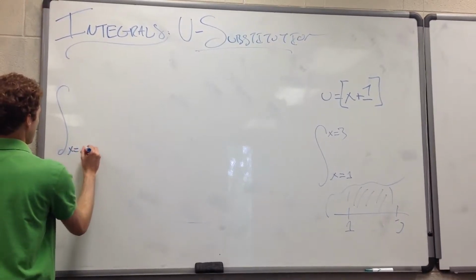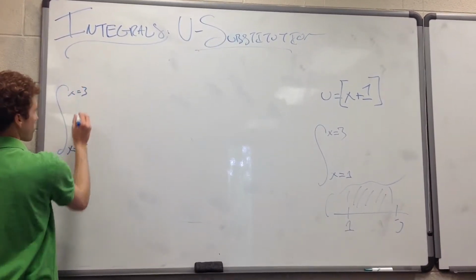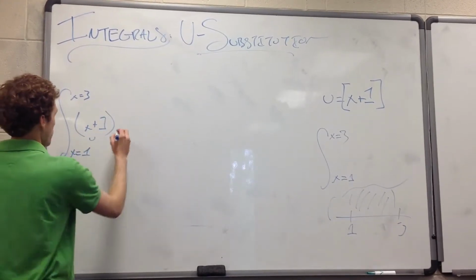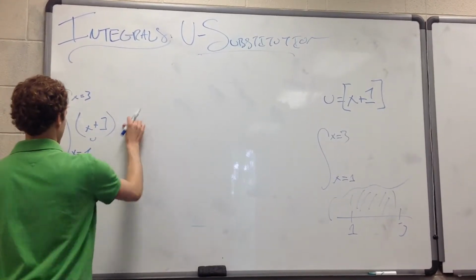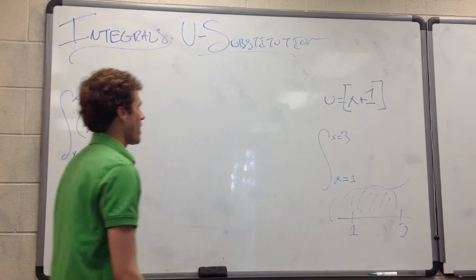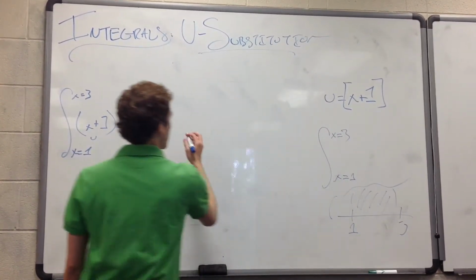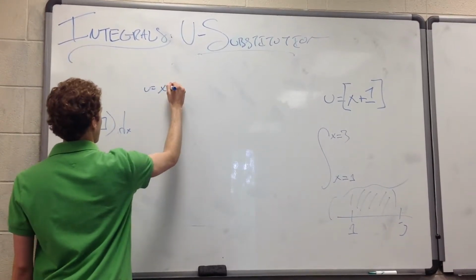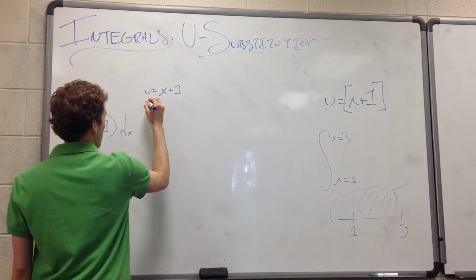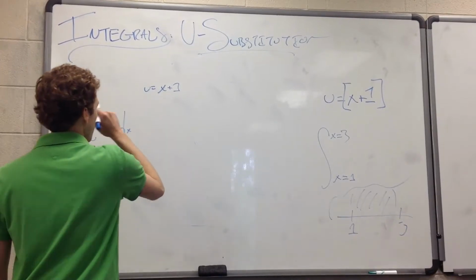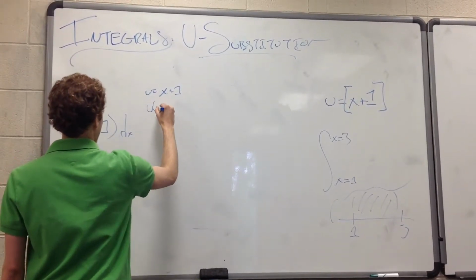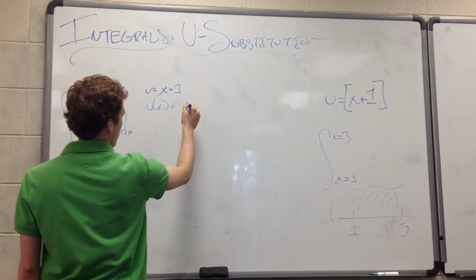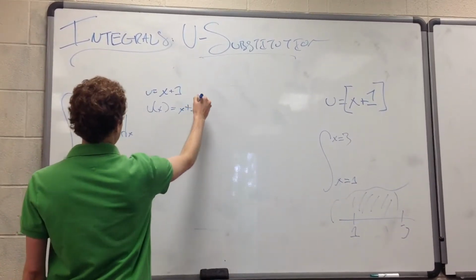We have x equals 1, we have x equals 3, and we have x plus 1, which is just our u, not 6x, there we go, dx. And we know that u is x plus 1. So u of x is x plus 1.